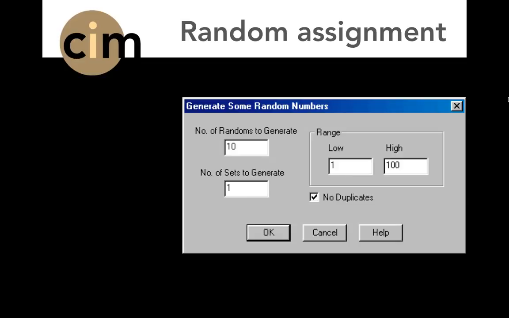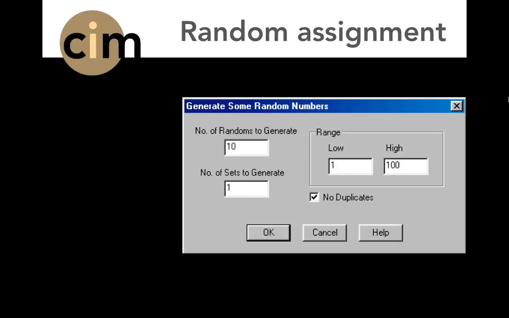You could then use a random numbers generator, of which there are a bazillion on the internet. They're primarily designed for people who gamble, but they also work for people doing action research. In this particular example with this number generator, you needed 10 students, so the number of randoms to generate is 10.